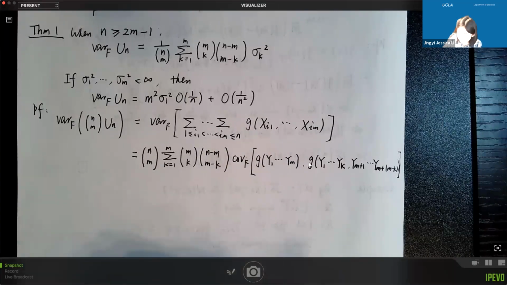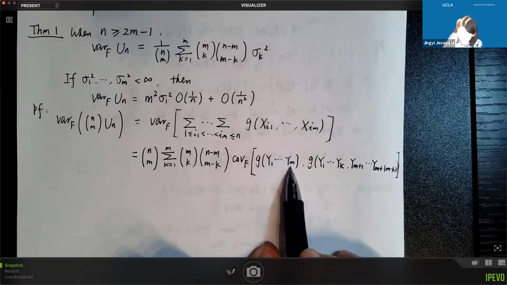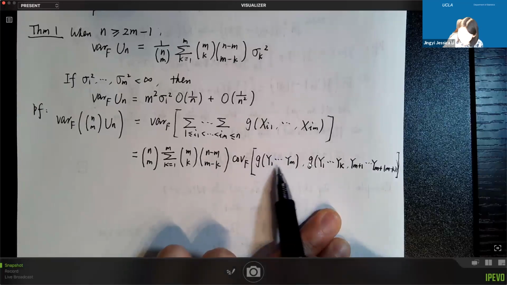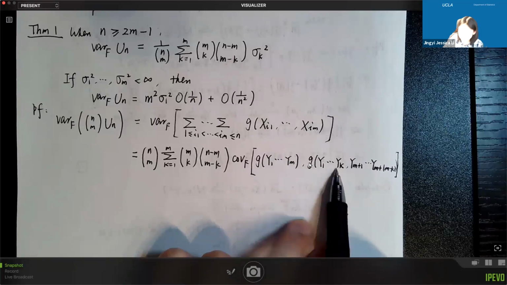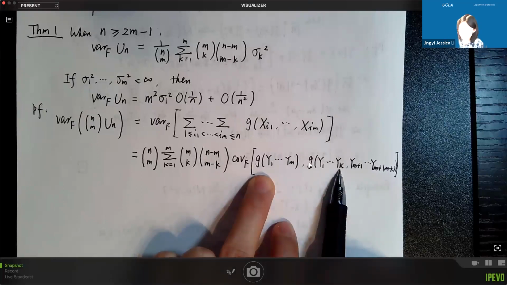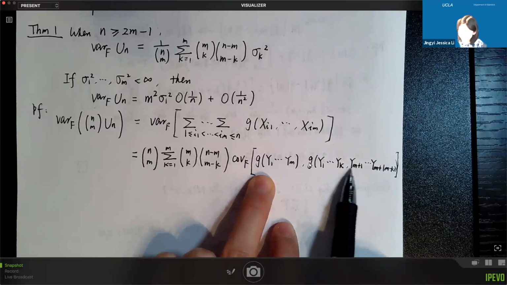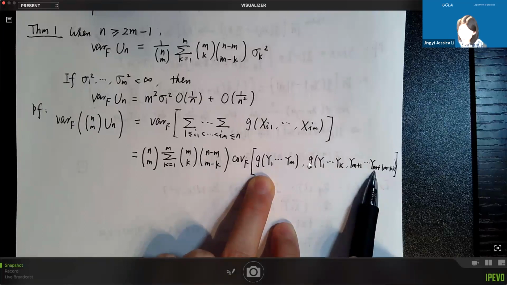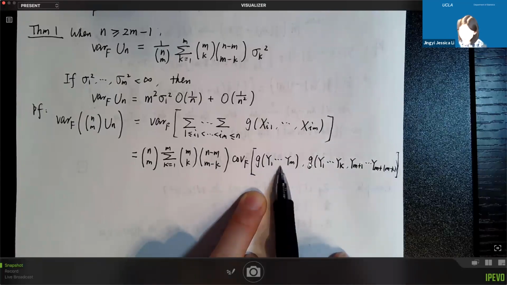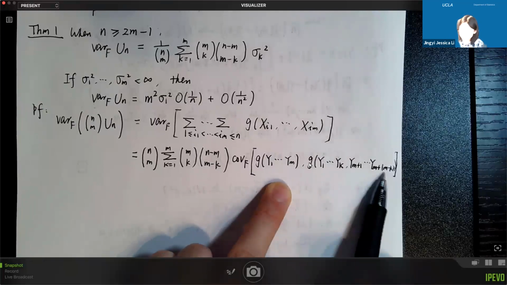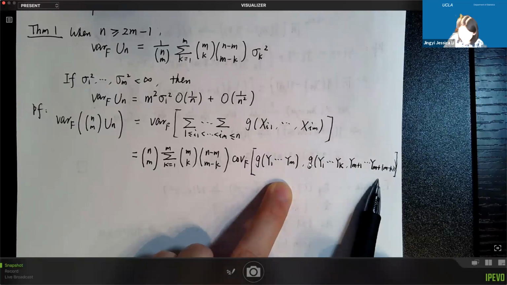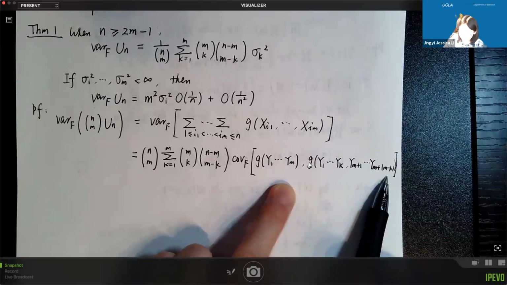The overlap here is basically, I just call the first k terms to be the same. The remaining m minus k terms I refer to as Y_{m+1} to Y_{m+m-k}, while over here, it's just Y_{k+1} to Y_m. So I have different m minus k terms in the later half, and I have the same k terms in the first half.